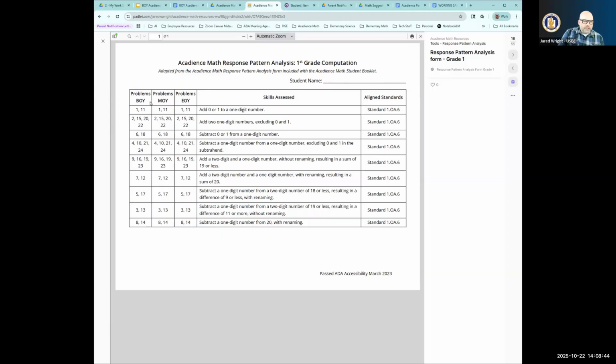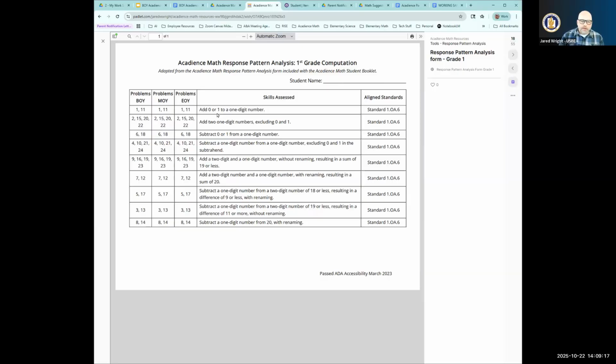We also included this for the whole year, so you could have one page for each student for the full year. You have beginning, middle, and end of year. You may also notice that each of the problems assess the same skill throughout the year. So in this case, problems 1 and 11 throughout the year always assess this particular skill of adding 0 or 1 to a one-digit number.